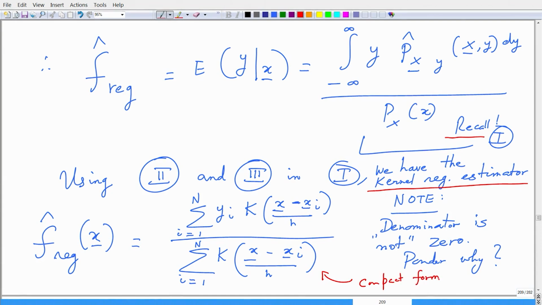So, all we need is data points xi and corresponding observables y suffix I. So, given this with some function k that we start off, we can compute the regression function. Okay.